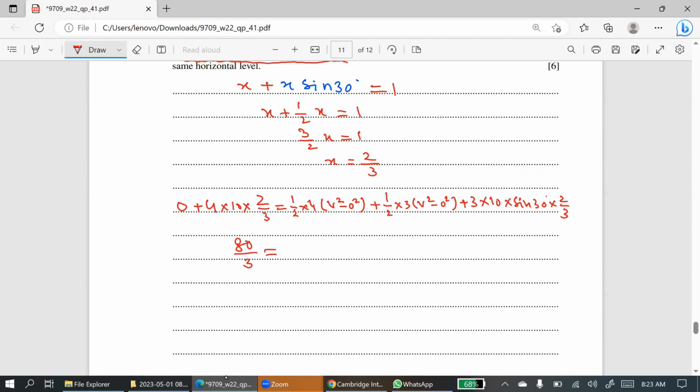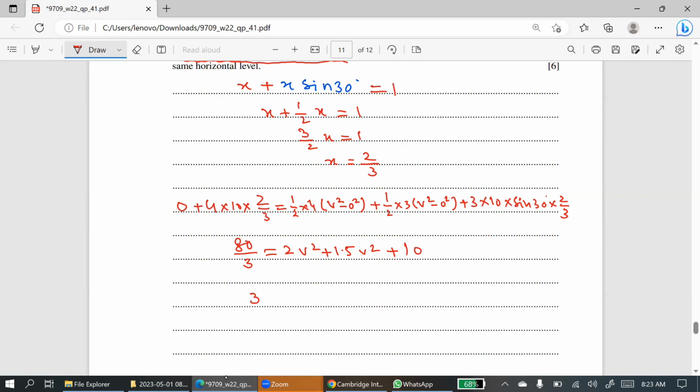80 over 3 is equal to 2v square plus 1.5 v square plus 10.